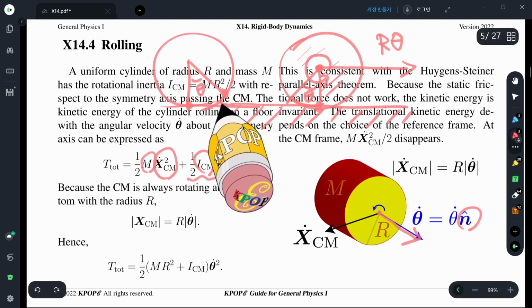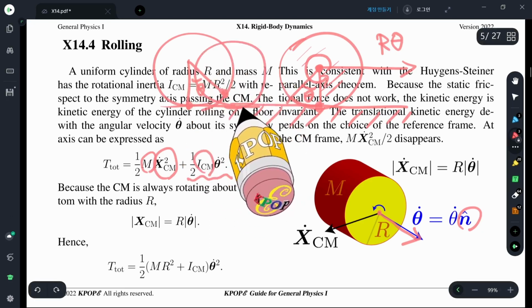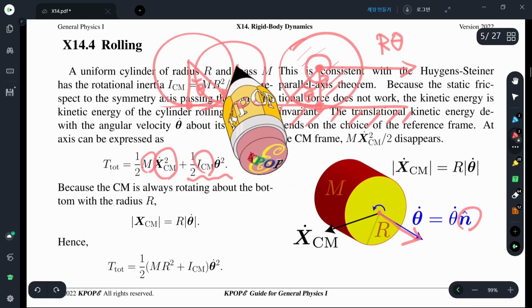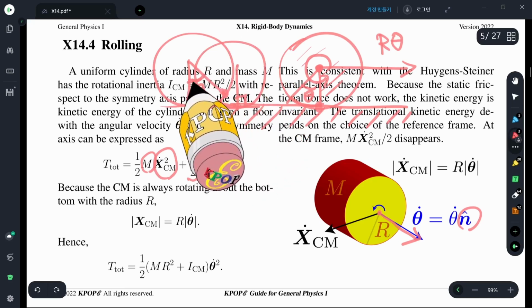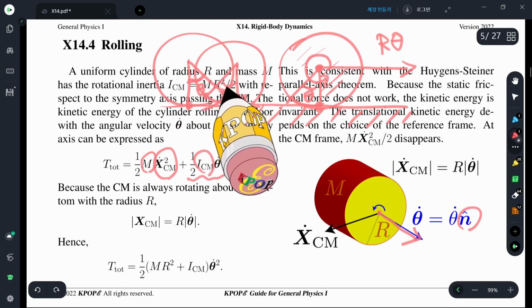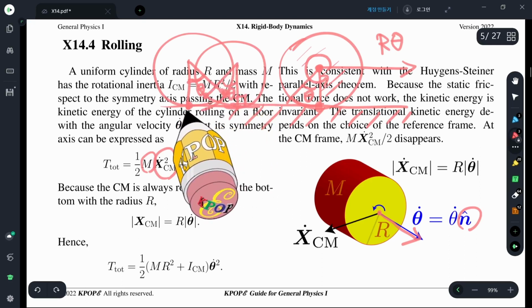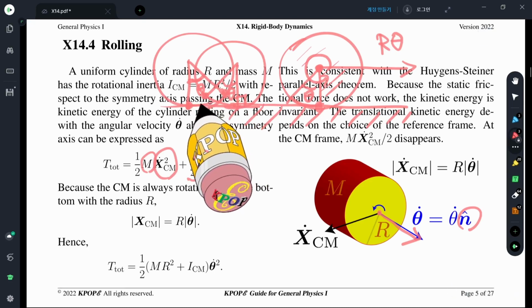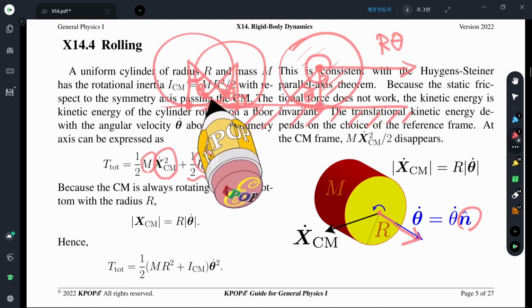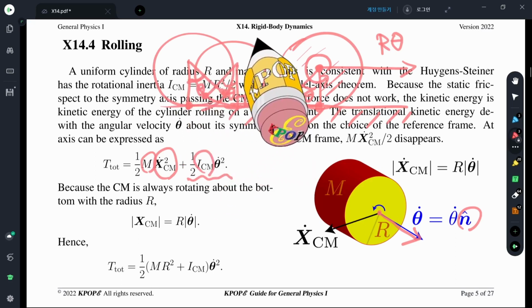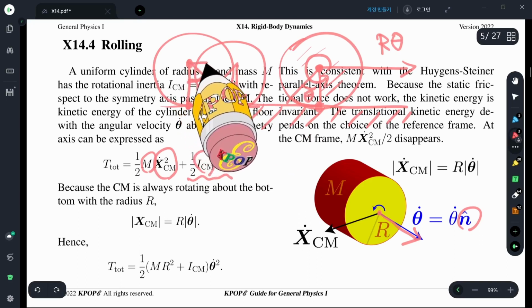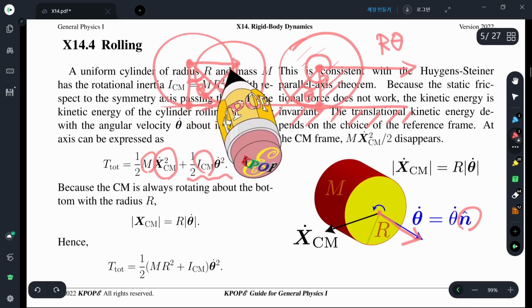When it touches the ground, it is translated like that. It becomes vertical, and it used to be angle theta, and this is angle theta. And this point rises up somewhere around here. So during this rolling motion, the center of mass doesn't change height and is making a translational motion.